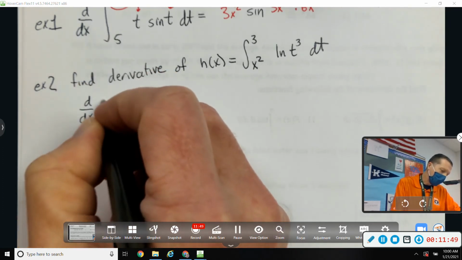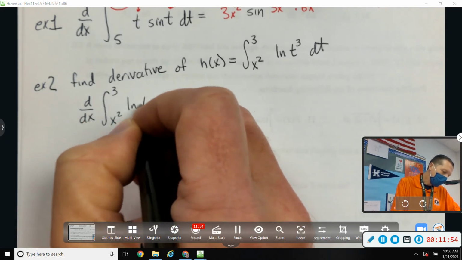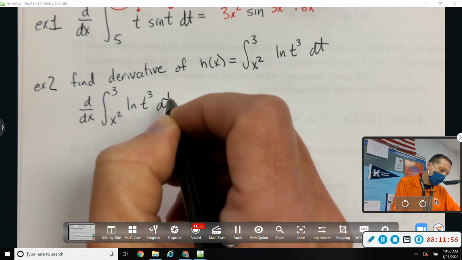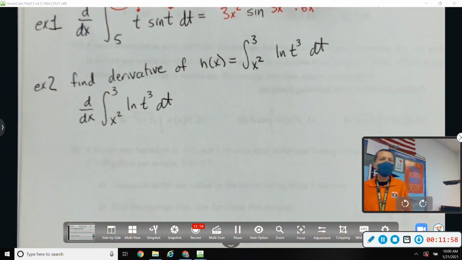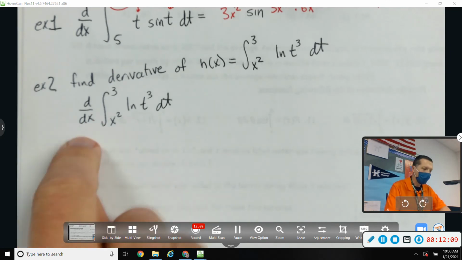So I want the derivative of the integral. That step's not absolutely necessary, but it helps me see that I'm taking the derivative of an integral. So this is a second fundamental theorem of calculus question, the derivative of an integral.